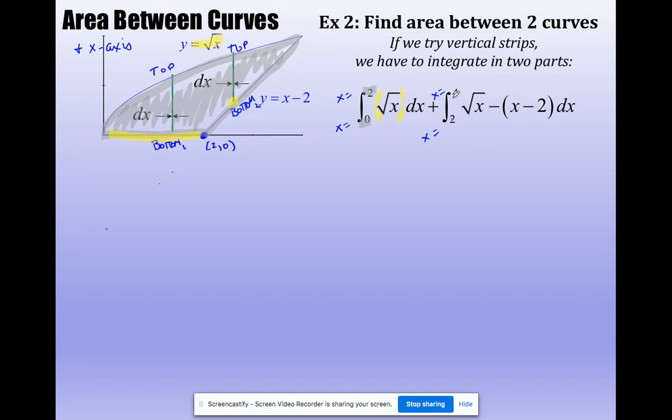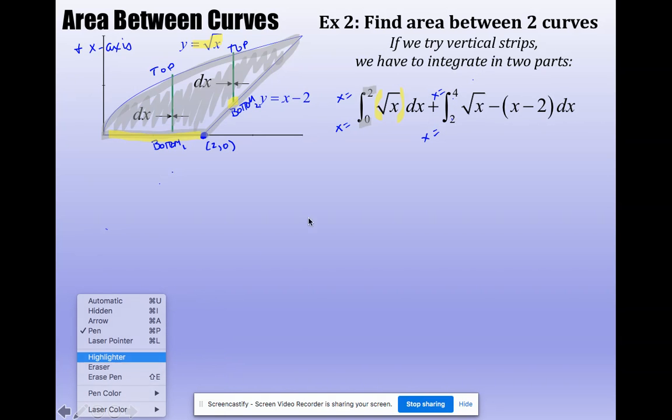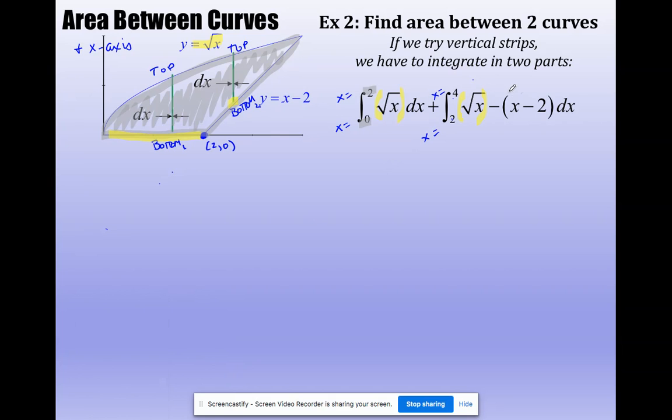From 2 to 4, my top function was the square root of x minus my bottom function. So this one was really top minus 0 because the 0 was the bottom.